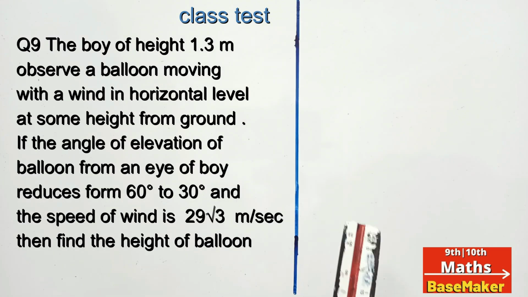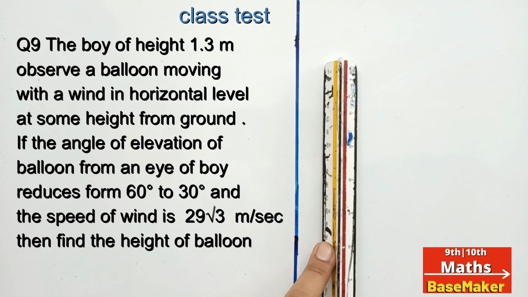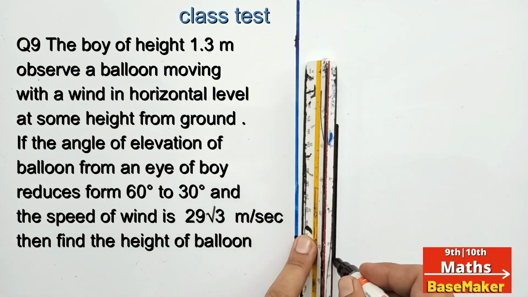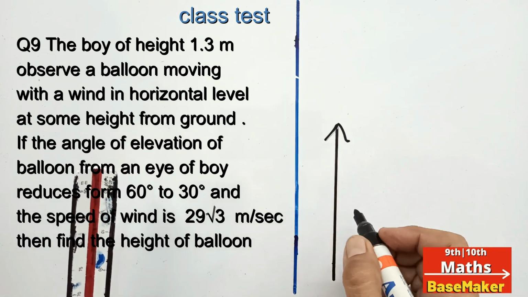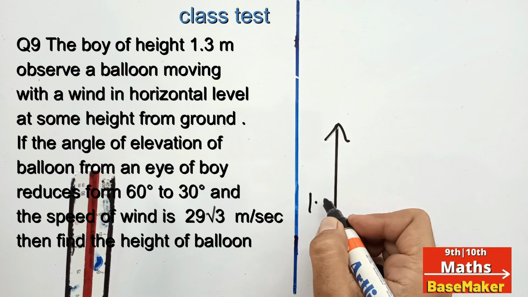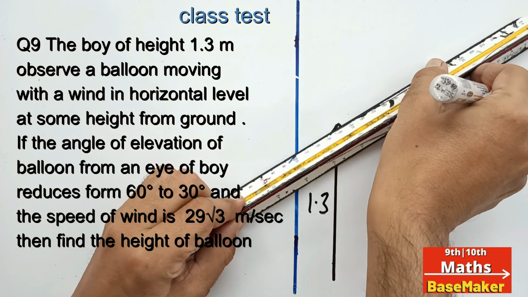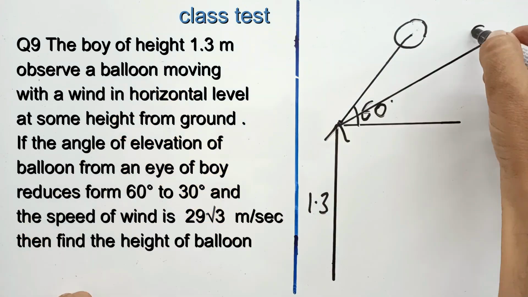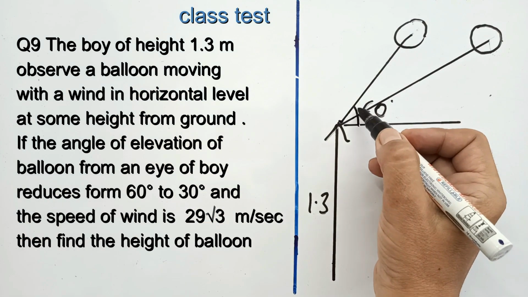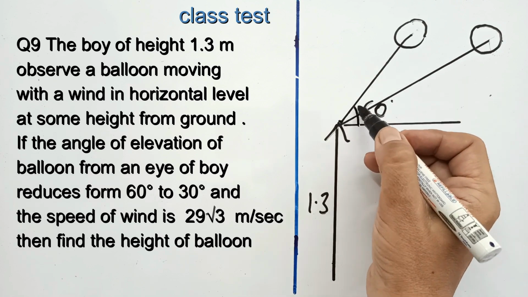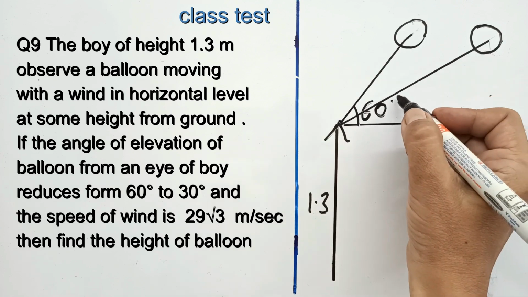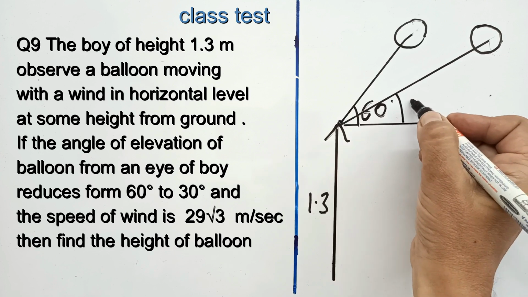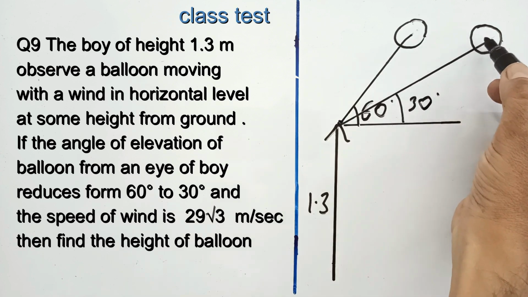So my dear students, let us draw the diagram step by step. Initially the angle of elevation of the balloon from the eye of the boy is 60 degrees, then it changes to 30 degrees in 2 seconds.